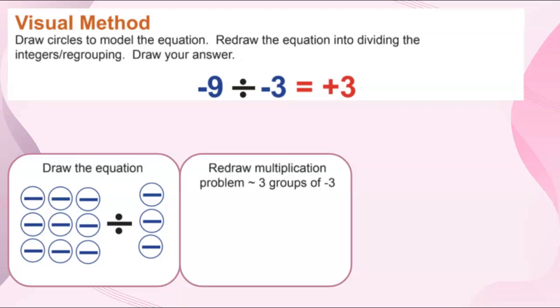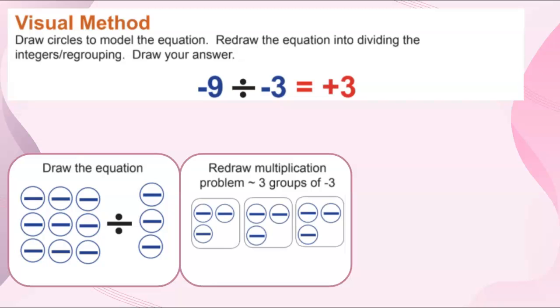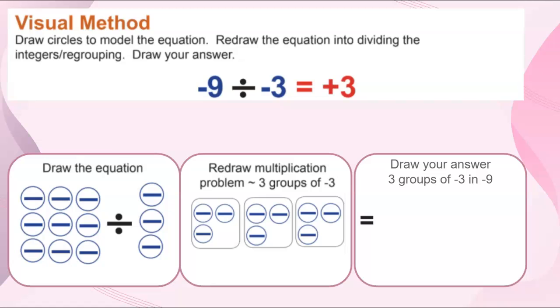So I'm going to draw groups of -3 that get me up to -9. Now, I have to make 3 groups of -3 to get -9. So, 3 groups of -3. And then I'm going to draw my answer.